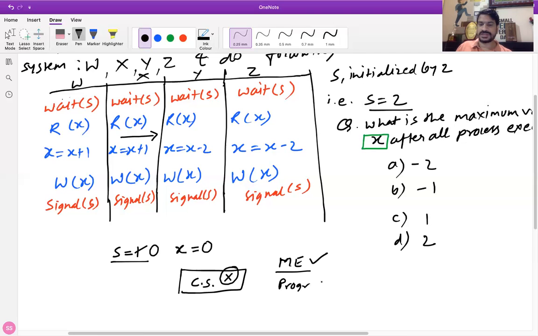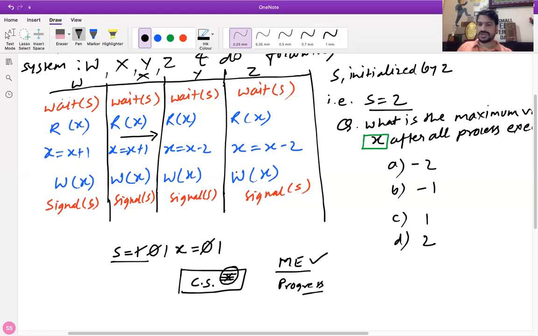Why does progress exist? Once X performs its execution, meaning X completes its critical section, what is the value of S? The value of S will again become 1. Why? Because signal will be called. And at that particular time, because the X value will also be incremented, any other process that is interested can go into the critical section.